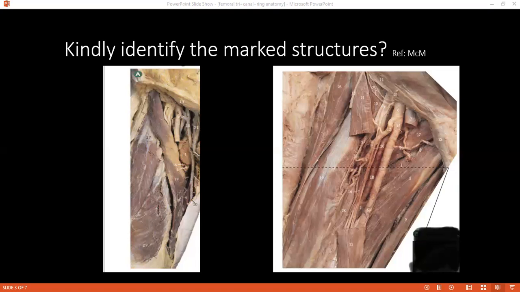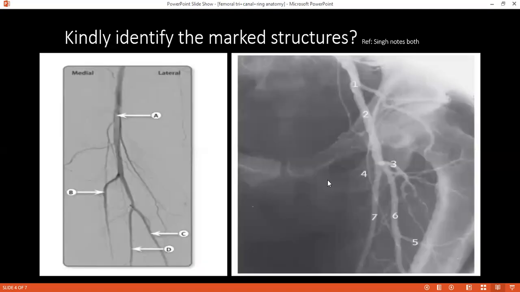Moving onwards. Can you identify what kind of image this is, or when this investigation is asked for? It is a femoral vasculogram.